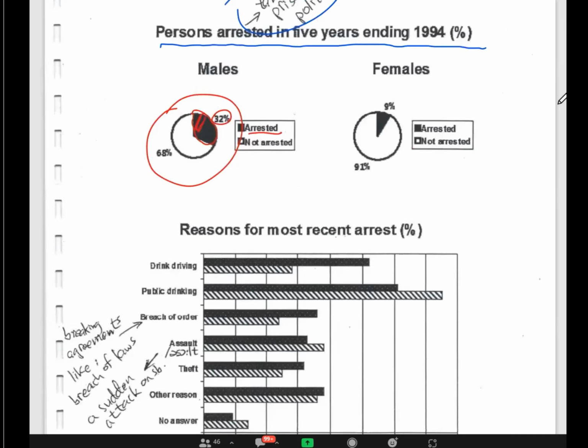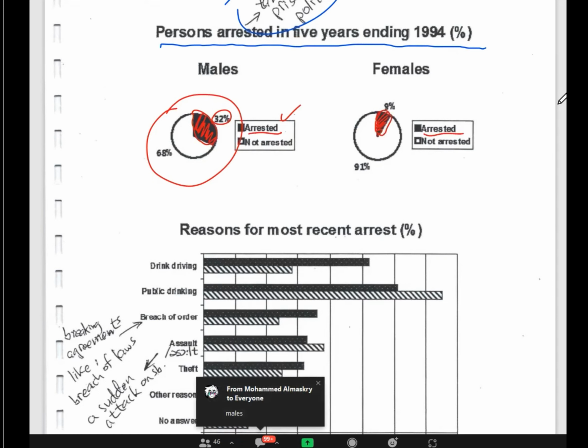So this dark area means arrested. So here is the key to show you the meaning. The dark spot is arrested. The white spot is not arrested. That means 32 were not good of the males. Now the females, 9 were arrested. So who was arrested more, males or females? Males.